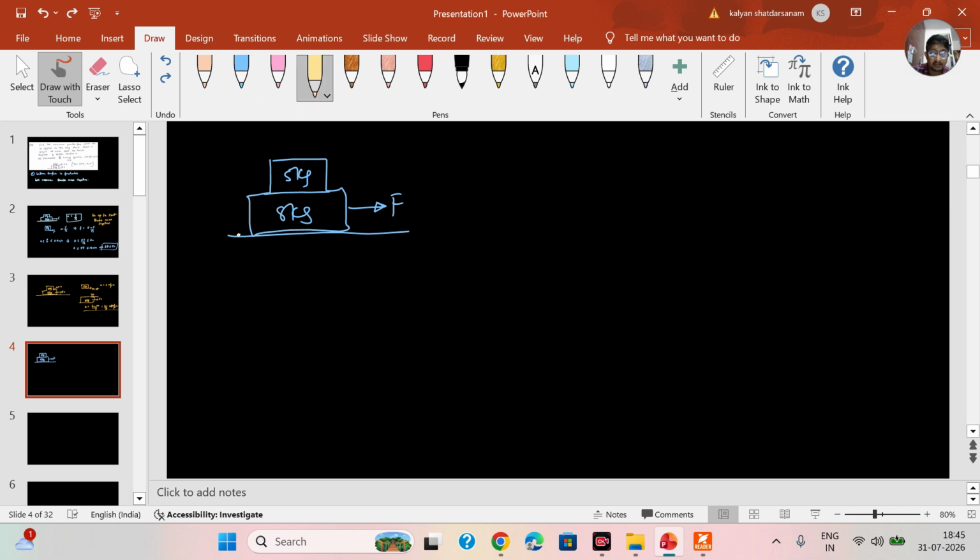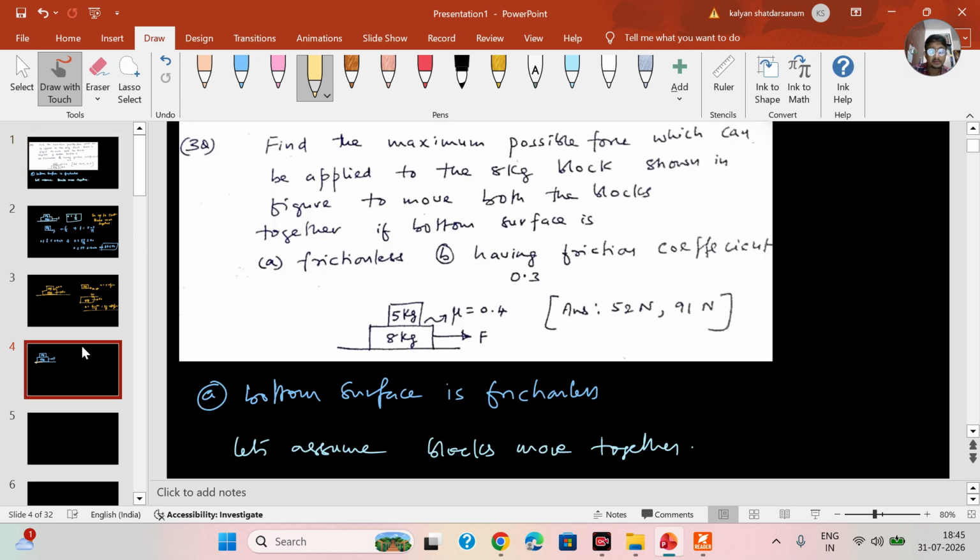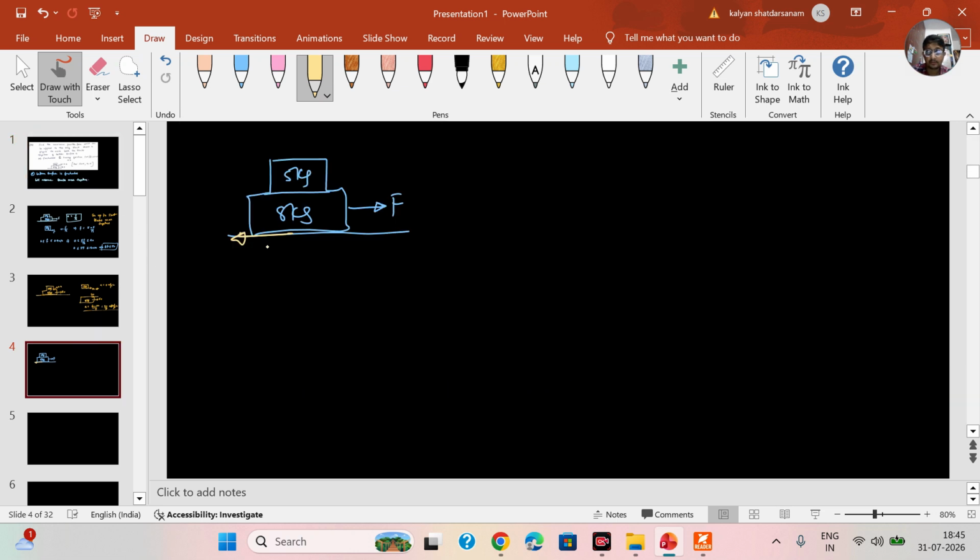So the friction there is 0.3 into N. N is 130 newtons. So 0.3 into 130 is 39 newton. That is the kinetic friction. So combined acceleration will be net force F minus 39 by total mass, which is 13.